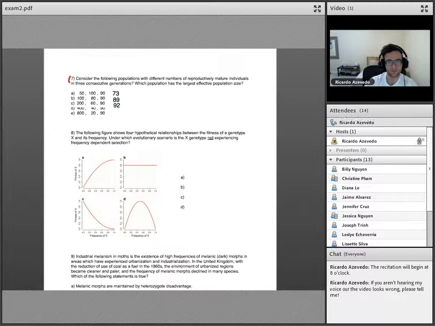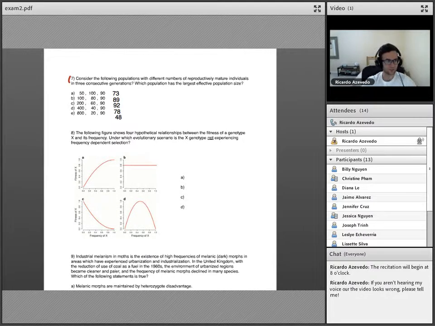This is 78. And for the last one, it was 800, 20, and 90, which is 48.